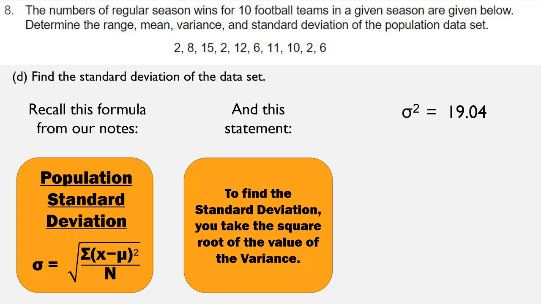So sigma will be the square root of 19.04, and the square root of 19.04 is 4.36348, and that decimal repeats for a long time, but in the problem we were asked to round off to one decimal, so this is 4.4. So part D, the standard deviation, is 4.4. And that's your answer.